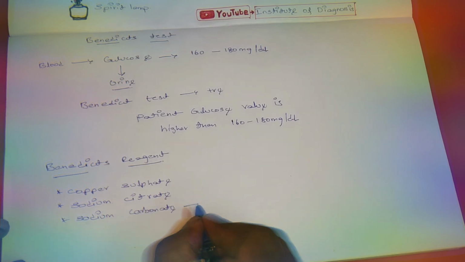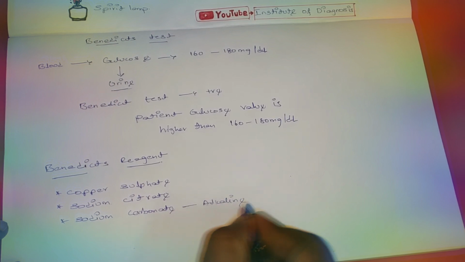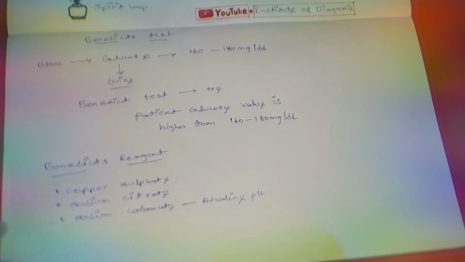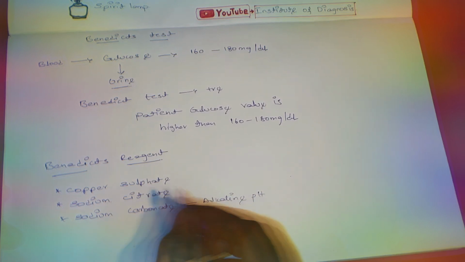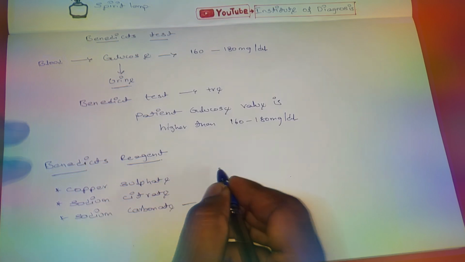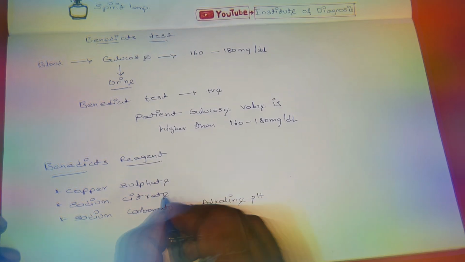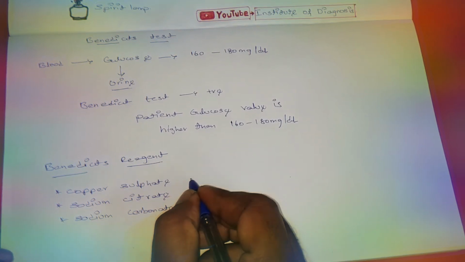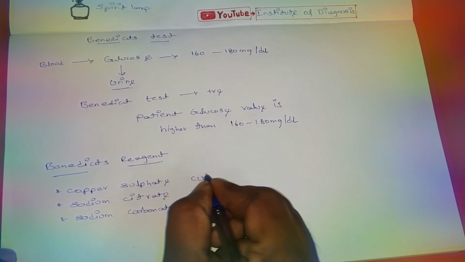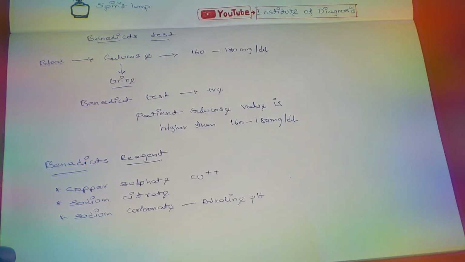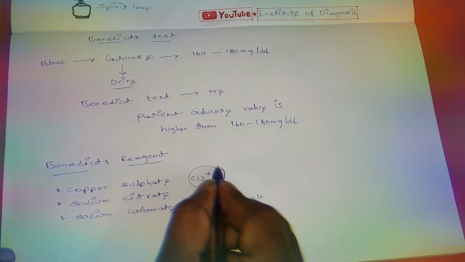This sodium carbonate will provide alkaline pH, so that the reaction will take place. And this sodium citrate will not allow this copper sulfate to convert. Actually, this copper sulfate is present in the form of Cu++. So this sodium citrate will always preserve this Cu++ in this state.